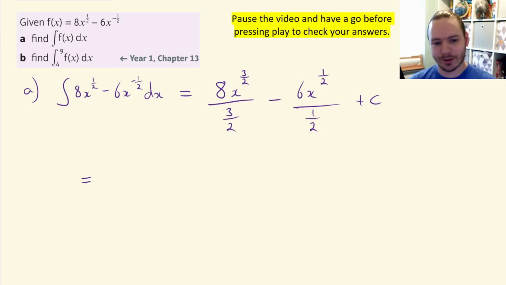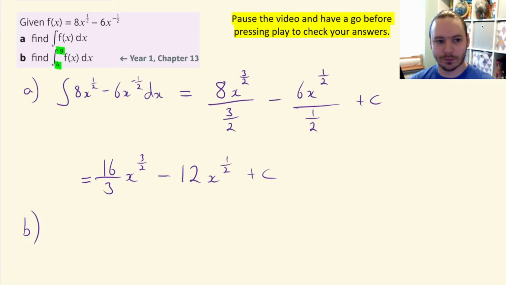8 divided by 3 over 2 is going to give us 16 over 3 x to the 3 over 2. And then 6 divided by a half is going to give us 12 x to the half plus some constant c. And then part B, I'm now doing the exact same integration, but I have limits of 9 and 4.